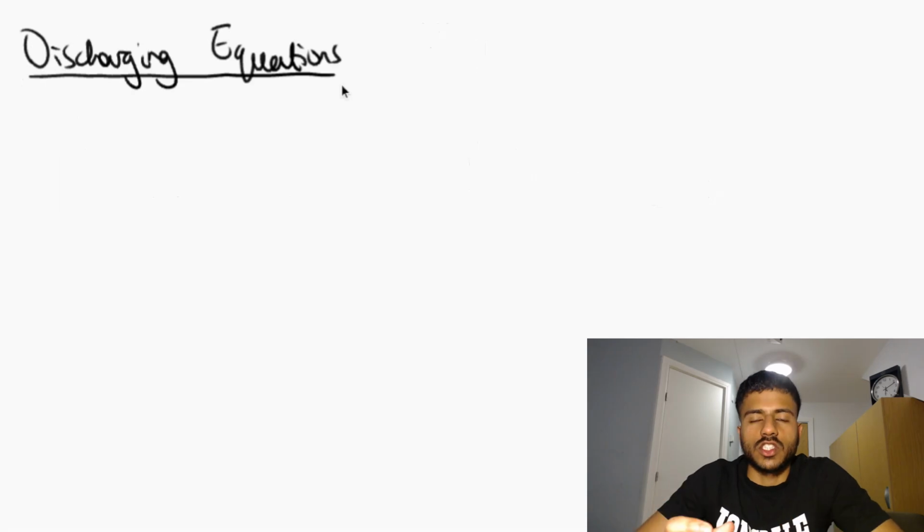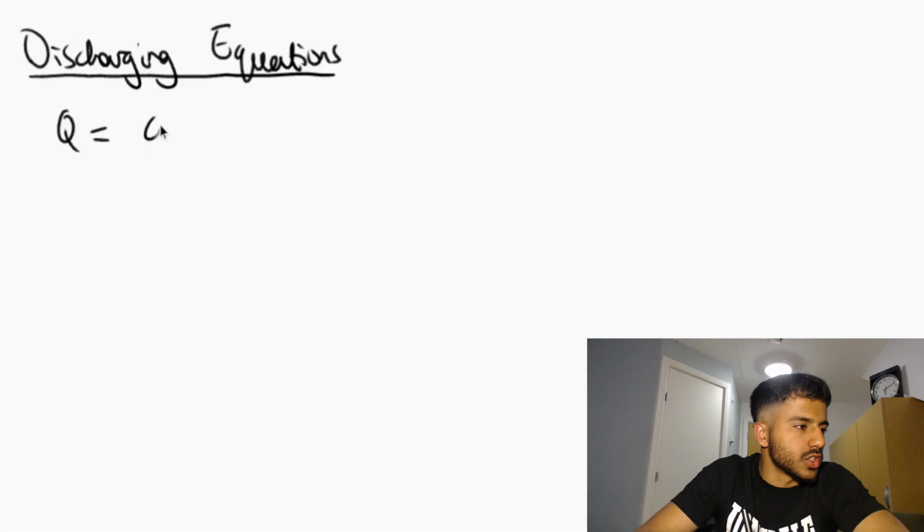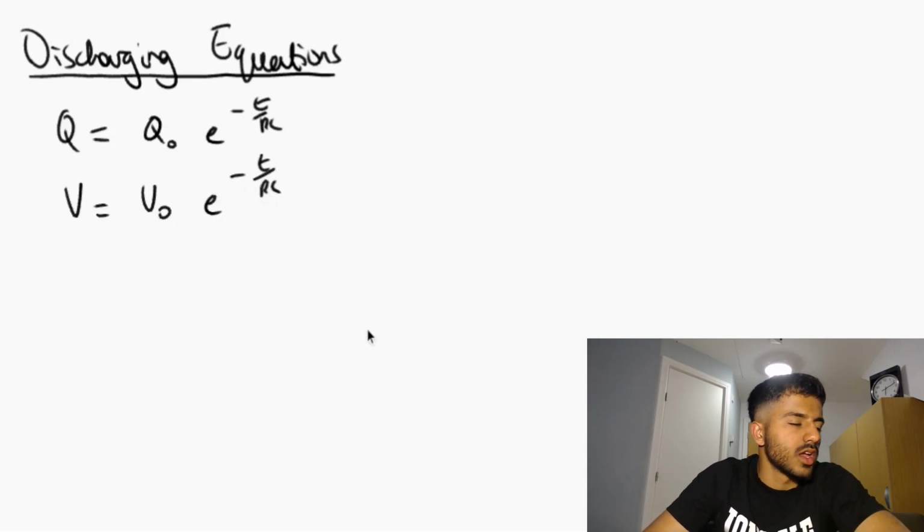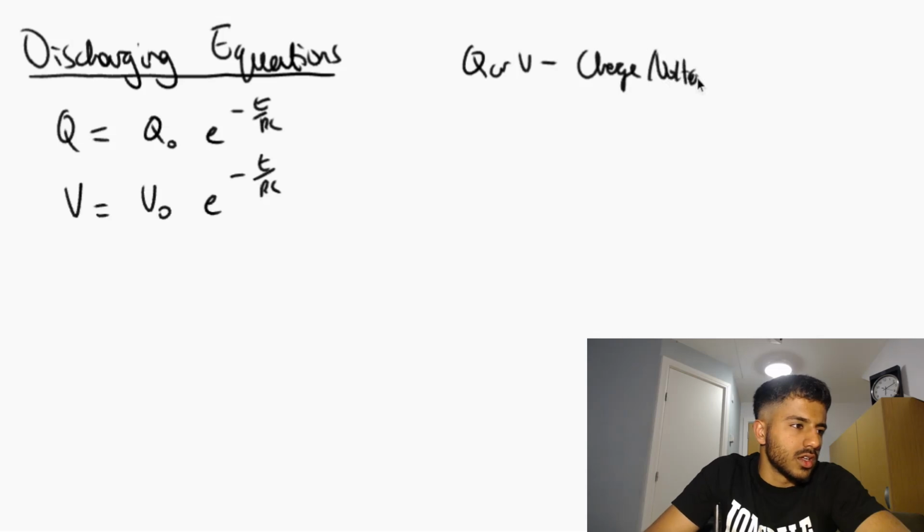And we have some equations to depict the discharging of capacitors. And for charge, it's Q is equal to Q naught e to the minus t over RC. For voltage, V is equal to V naught e to the minus t over RC. And again, as with charging, these values mean the same thing, where Q or V is your charge or voltage at the specific time.